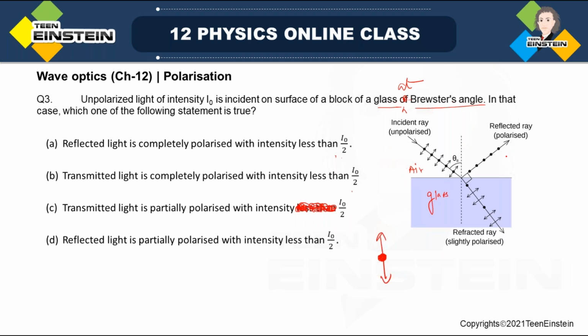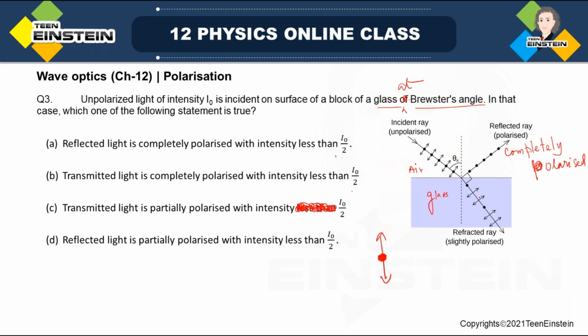The reflected ray will be completely polarized light. That means it has only the electric field vectors which are vibrating in the direction perpendicular to the plane. Okay, so this is completely polarized. So we can understand that the reflected light is completely polarized from this figure.